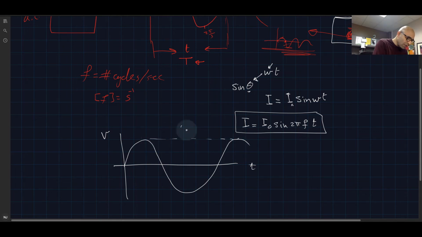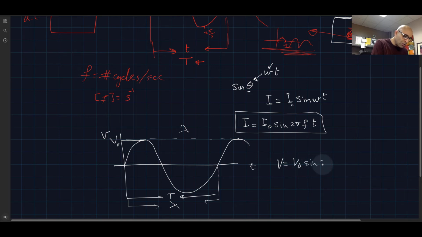This would be lambda, the wavelength, and of course this is also the period, and you have a maximum voltage. You're going to call this V naught, and then you can say V equals V naught times sine 2 pi f t, the same as the current.